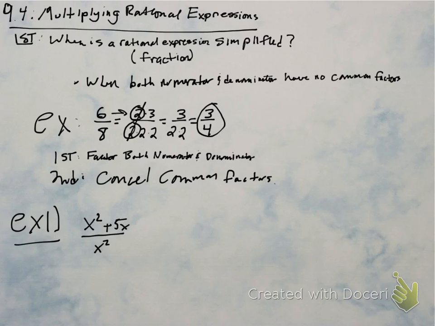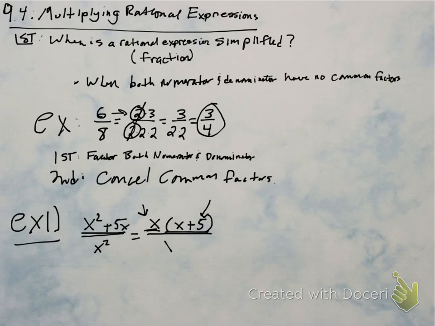Remember, the first step before you cancel is to factor. If you factor the numerator, there is a GCF of an x. If you factor out an x from both terms, you'd be left with x plus 5. Now it's factored: one factor is x, and the other factor is x plus 5.